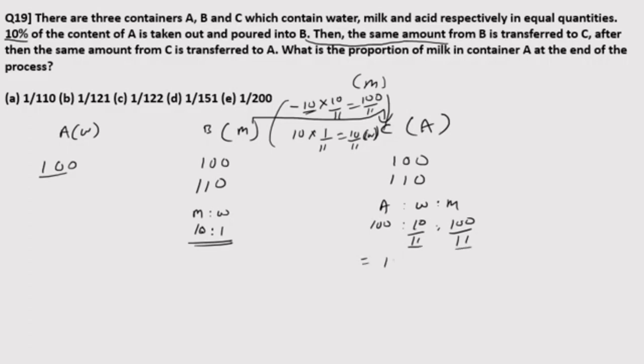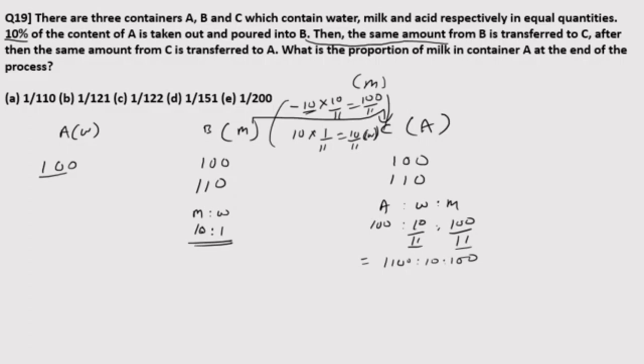So this is basically 1100 is to 10 is to 100, right? I hope it's correct. Fine, this is correct.